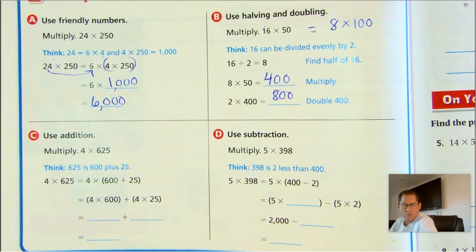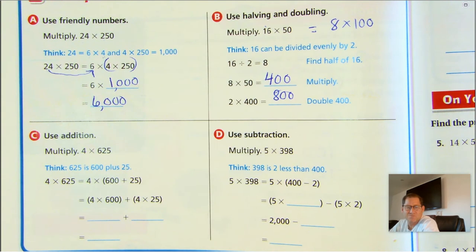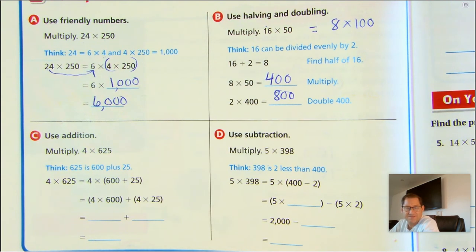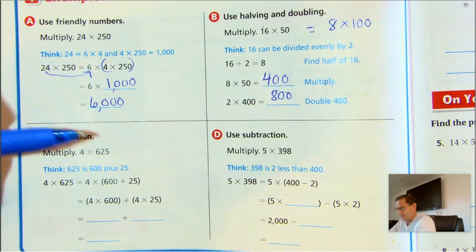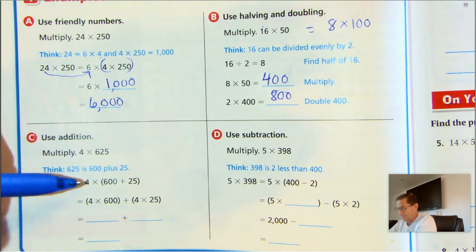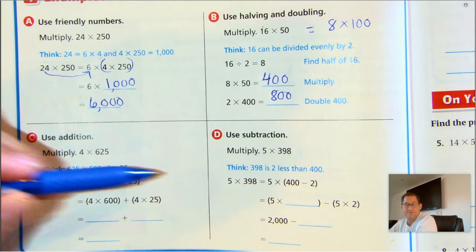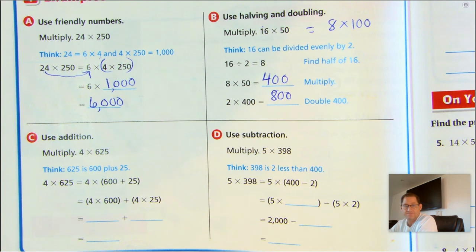So now we have 4 times 625. Well, that's single digit. And then we have a fairly large 3-digit number. But we can break that up into 4 times the sum of 600 plus 25.